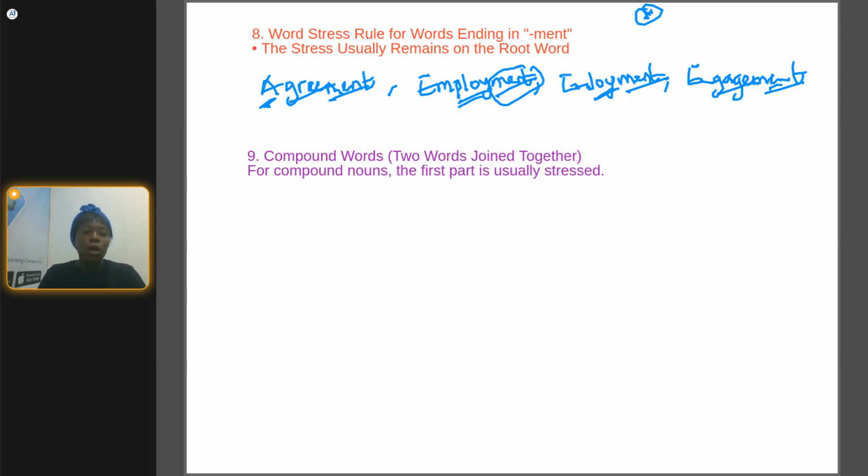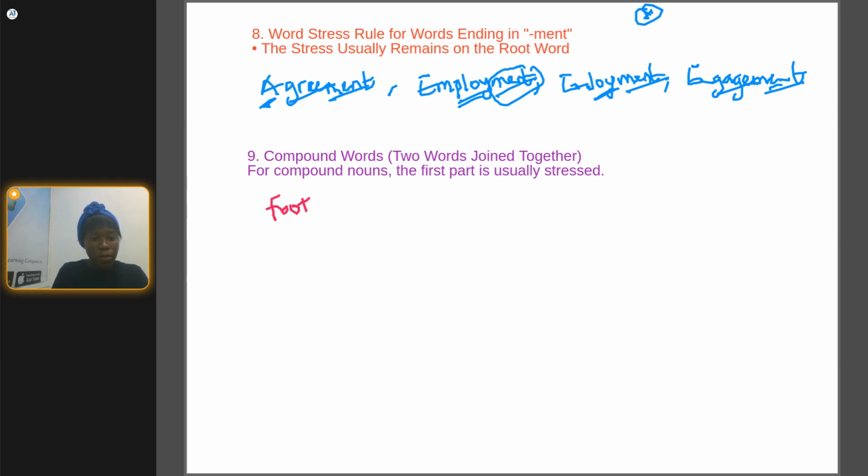Okay, and when we're talking about compound words, we're talking about compound words that are nouns. If the compound word is a noun, then the first part of the compound word is usually stressed. When you're talking about compound words, you're talking about basically two words that are joined together to form one word.